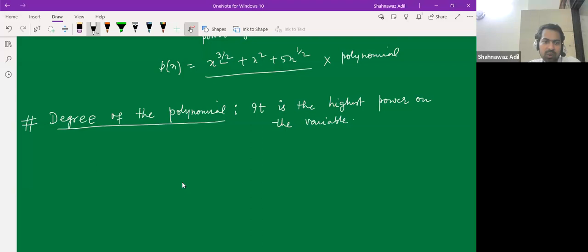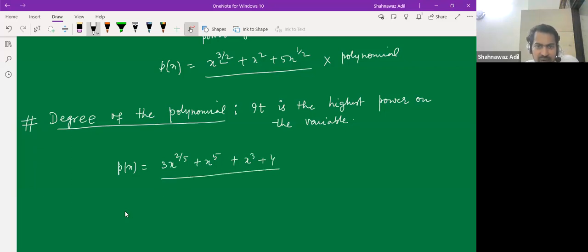Okay. So let's say I write p(x) is 3x to the power 2 by 5 plus x5 plus x3 plus 4. Is this a polynomial? No, sir, it's not a polynomial. Okay, good. So now let us write it like this, with whole number powers. Is this a polynomial?